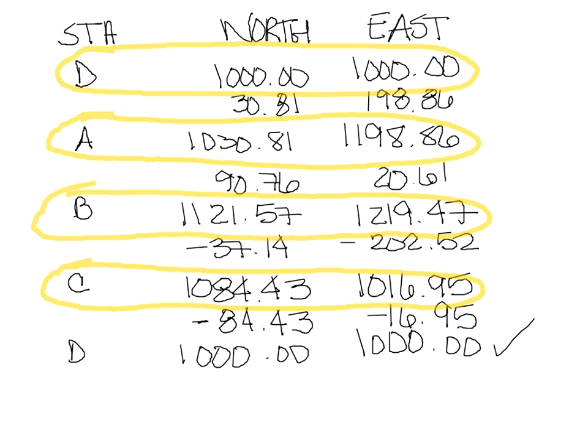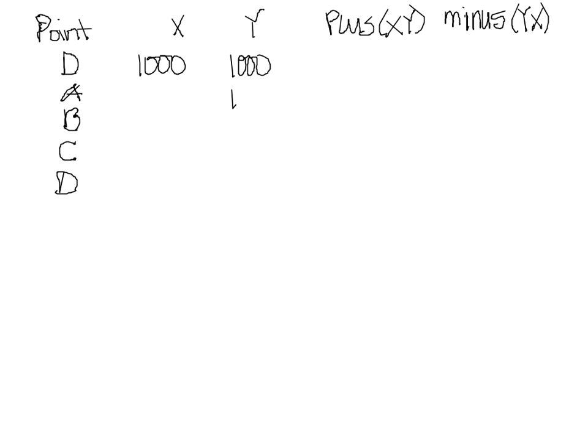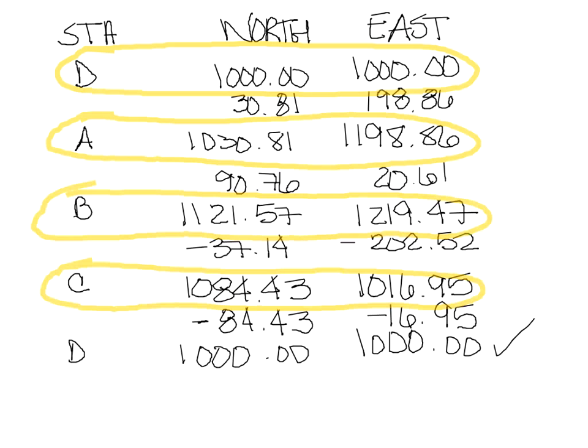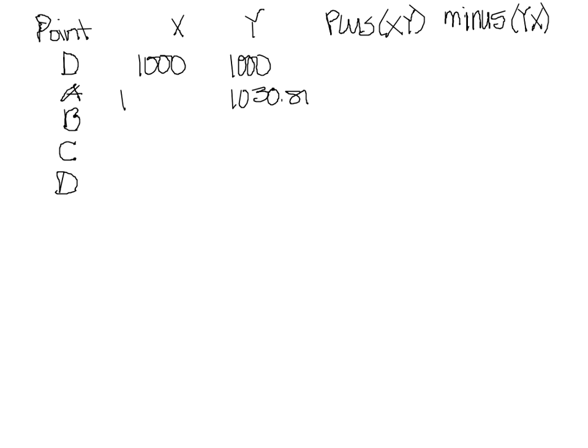Our northing coordinate for A is 1030.81, and our easting is 1198.86. Okay, so you would just write them all in this way. I'm going to go ahead and try to put them in here real quick.